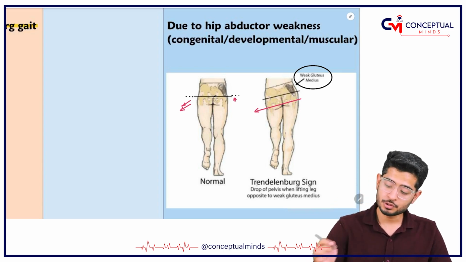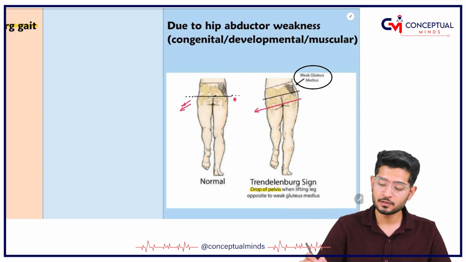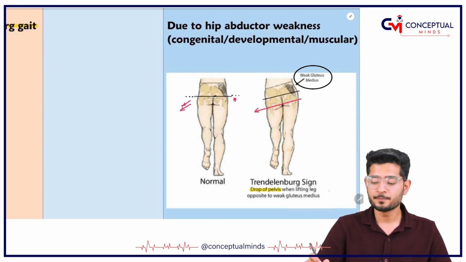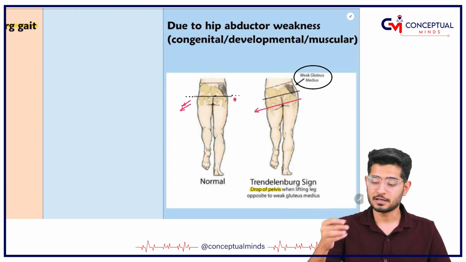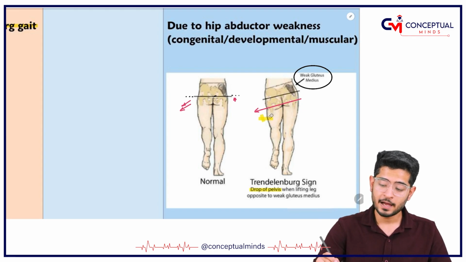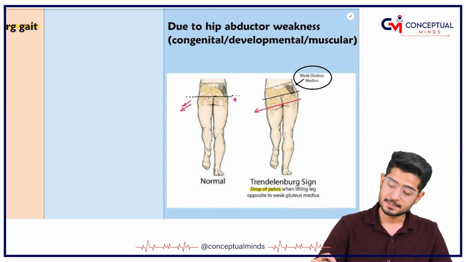What is going to happen? The drop of the pelvis is going to be there when lifting the leg opposite to the weak gluteus medius muscle. Once you lift it, every single bit of the kilograms of weight is going to come on here, and the muscle of this side is going to pull the other side, and once the pull is generated, there will be a drooping or dropping of the pelvis which will be seen.